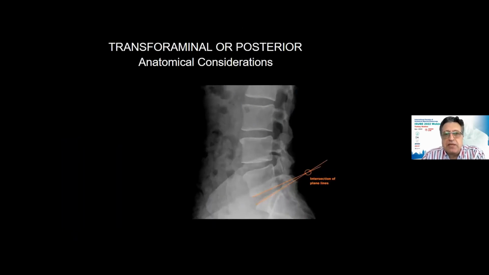Everybody knows some anatomical difficulties at the L5-S1 level for the transforaminal approach, especially the height of the iliac crest gives us problems many times, and many surgeons have tried solutions.